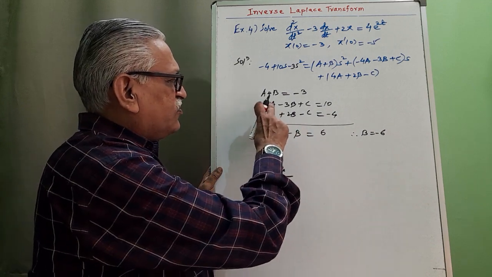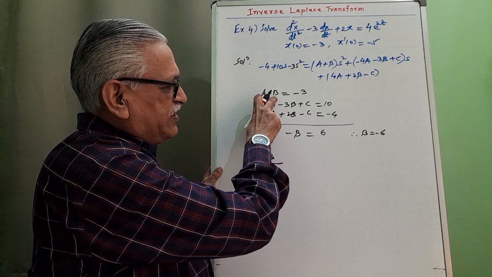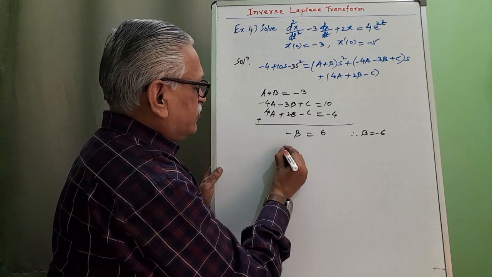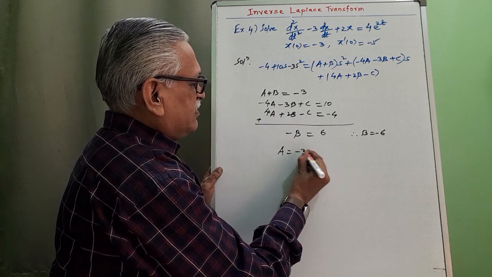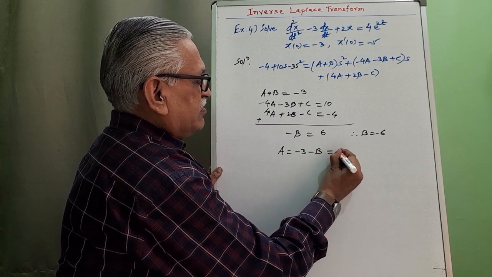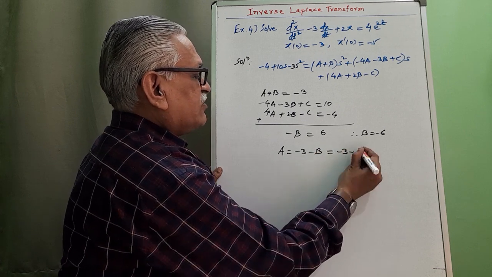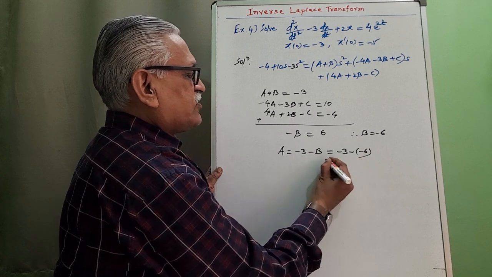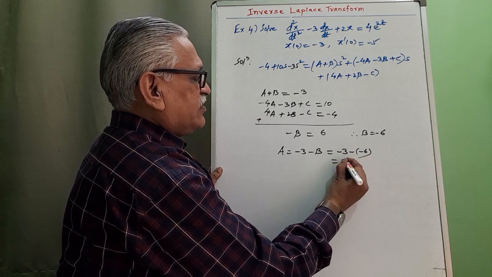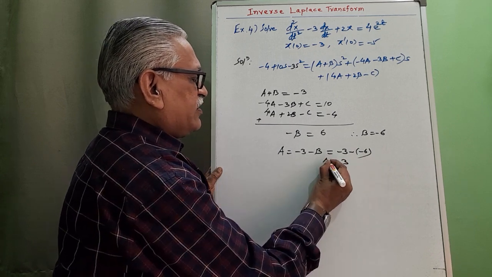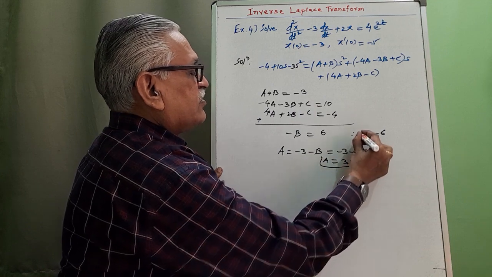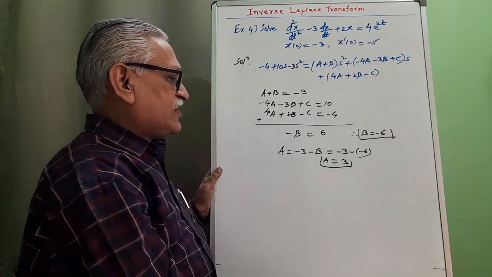Substituting that value of b as minus 6 here, we get a is equal to minus 3 minus b, minus 3 minus minus 6. 6 minus 3, we get 3. Therefore, we get a as 3, b as minus 6.